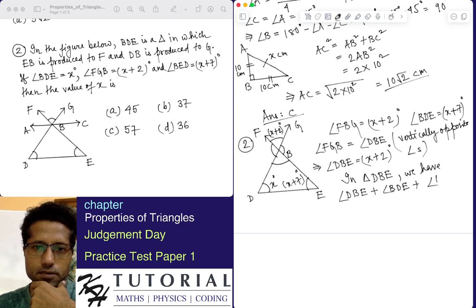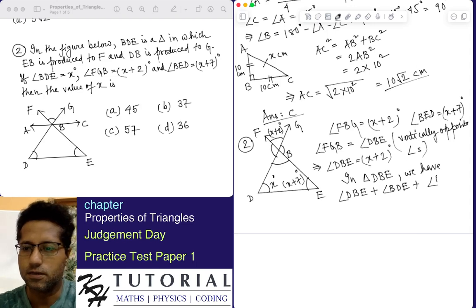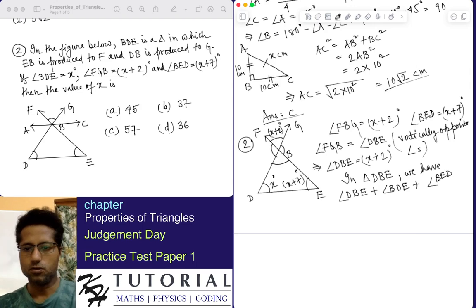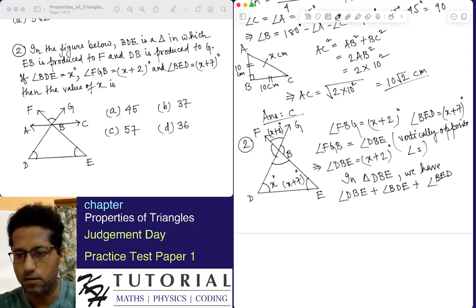Angle BDE is x, and this is BED equals x plus 7 degree. So the three angles of the triangle DBE are angle DBE, BDE and BED, and this should be equal to 180 degree.